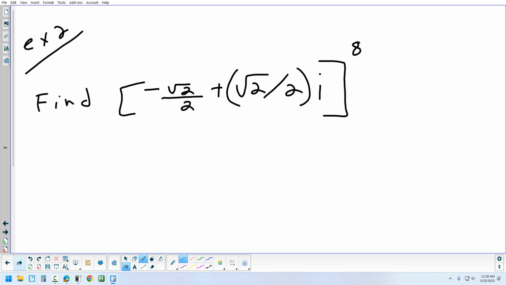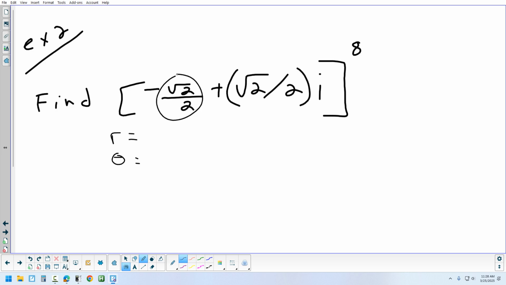Okay. First thing we need is trig form. The 2 letters you need in trig form are radius and angle. Yep. Okay. Well, when you square this, the negative is going to go away. So the negative doesn't have any effect on finding the radius.